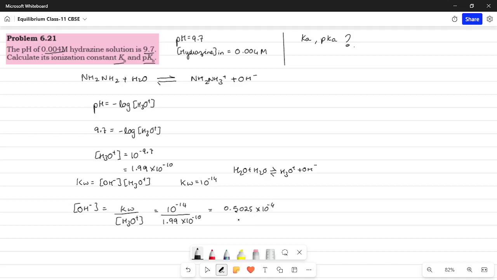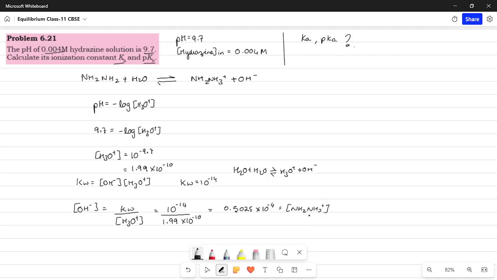Okay, so the number of OH minus ions will be equal to that of the hydrazine ions. So this is equal to the concentration of NH2NH3 plus.